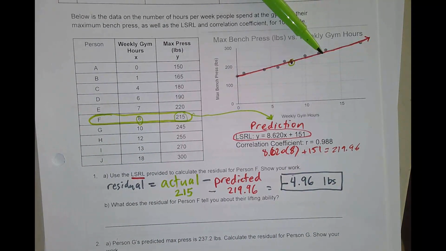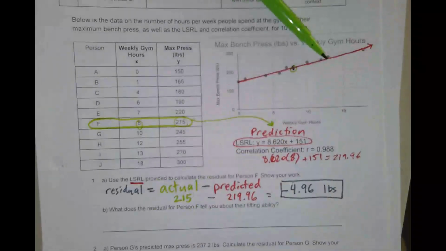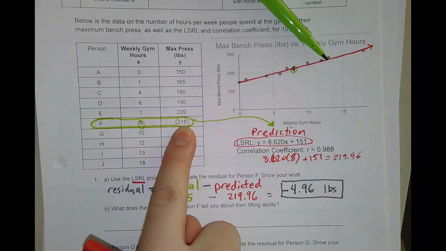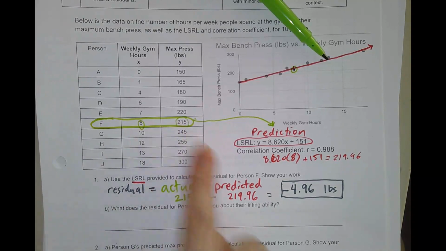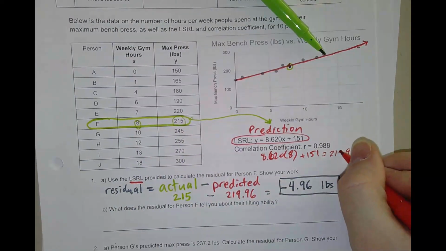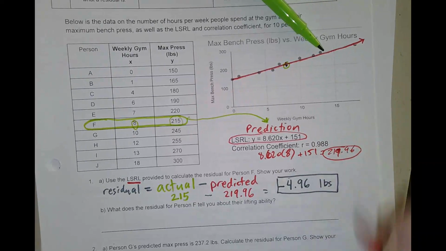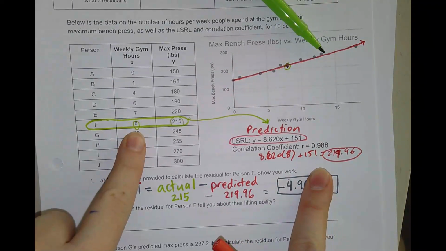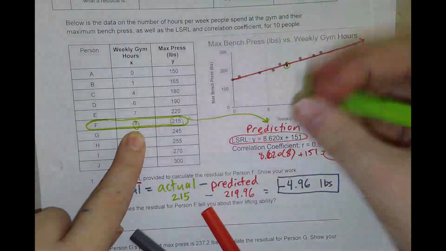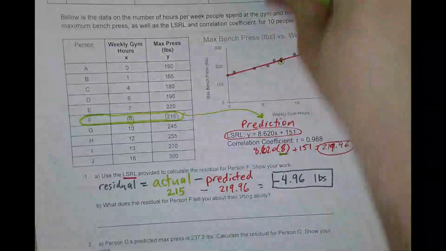So real quick, we took the actual for person F, which is 215, and we subtracted the prediction, which came from the equation by plugging in the number 8. That's for person F.